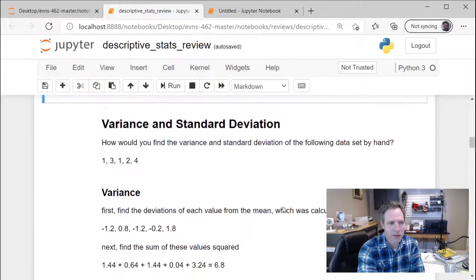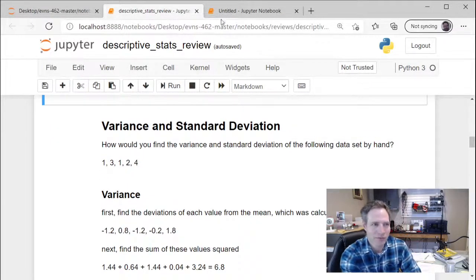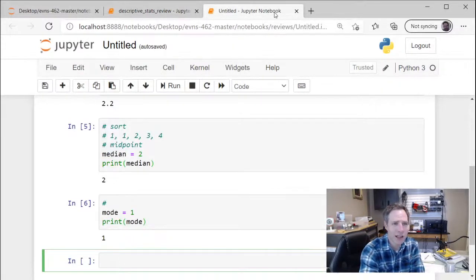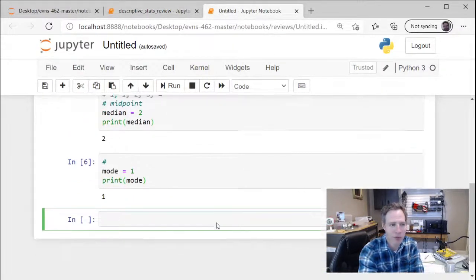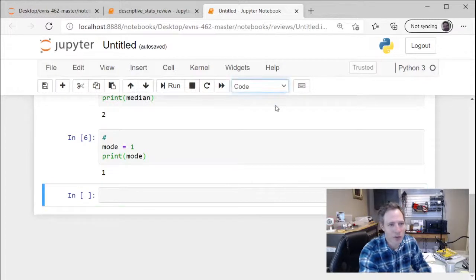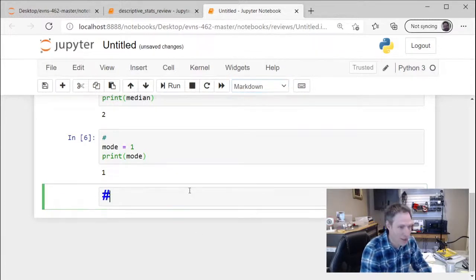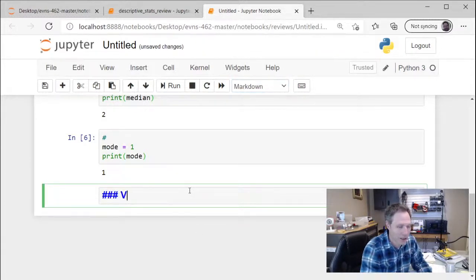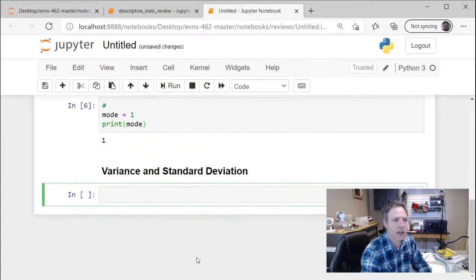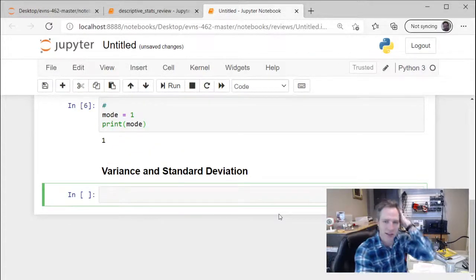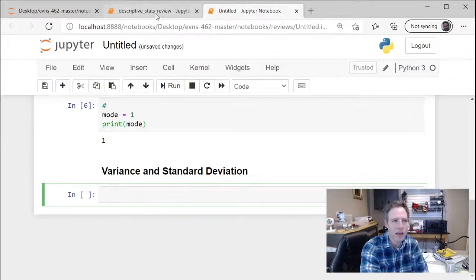All right, next, variance and standard deviation. So let's go back here to my notebook where I'm building this stuff out from scratch. Let's take a look at calculating variance and standard deviation for an example data set.